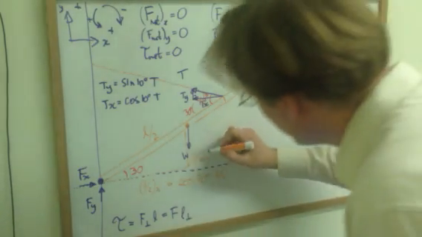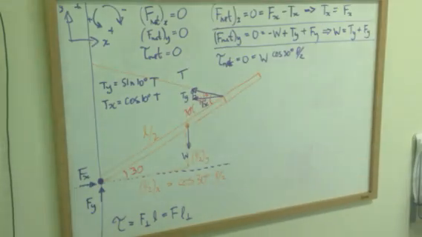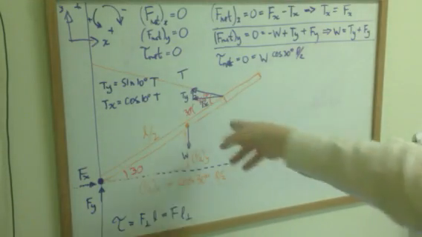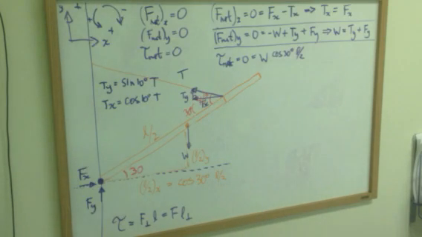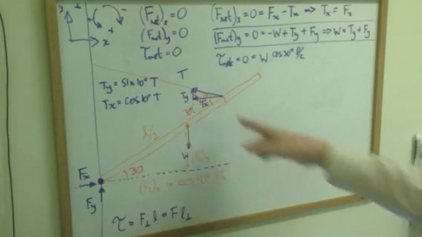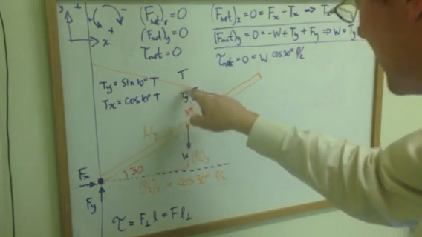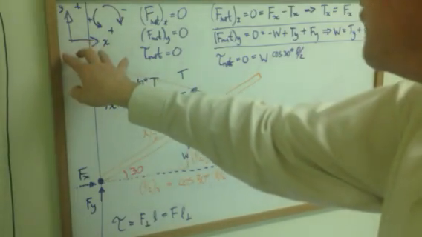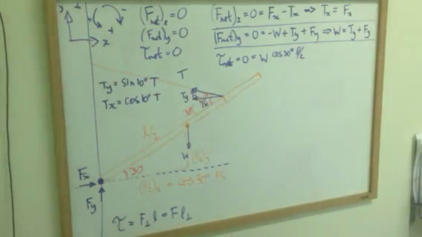Okay, unfortunately things aren't quite as easy up here. The tension is at an odd angle, and notice I've already broken up the tension into components, but that was relative to horizontal and vertical.